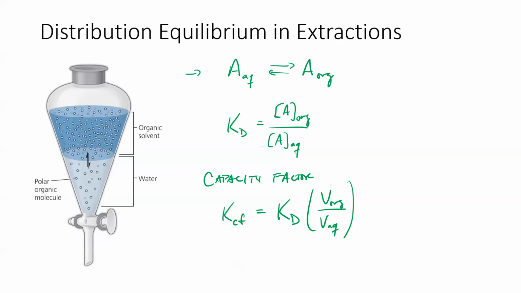And so this capacity factor lets us use a looked up KD with whatever volumes we have, and then use that capacity factor to give us some information about that separation. Both of these things tell us something about separation efficiency.